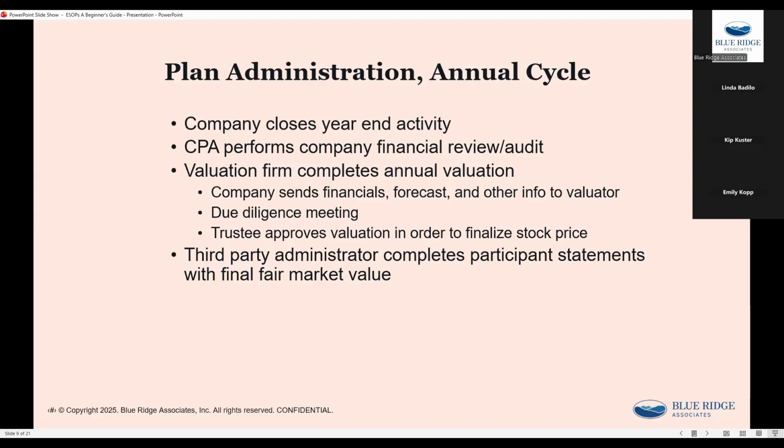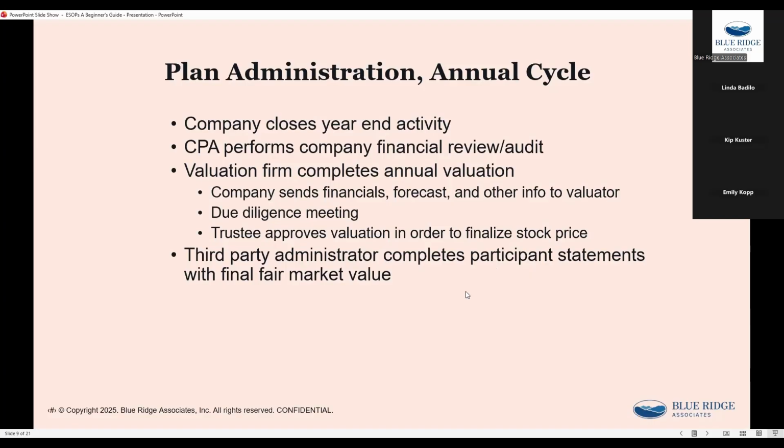At that point, the third-party administrator or your TPA, Blue Ridge, will receive the fair market value from either you or from the trustee, depending on what the logistics are there. We'll coordinate that with our clients. And then we'll complete our annual compliance testing, prepare the final administration report, and produce the participant statements with the final share price.